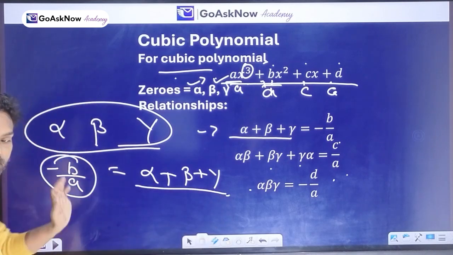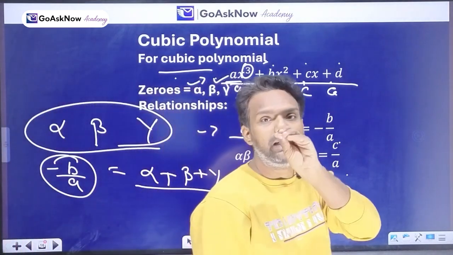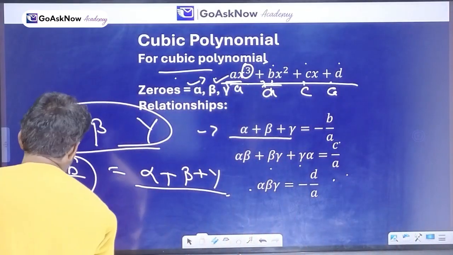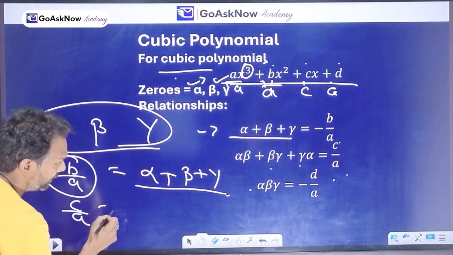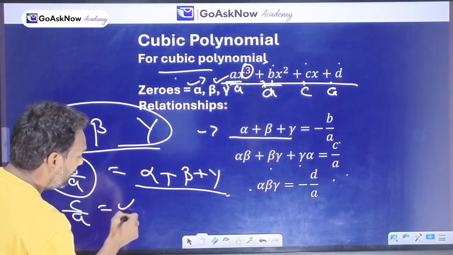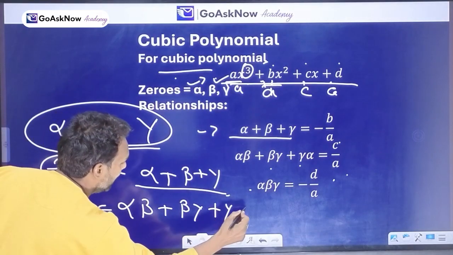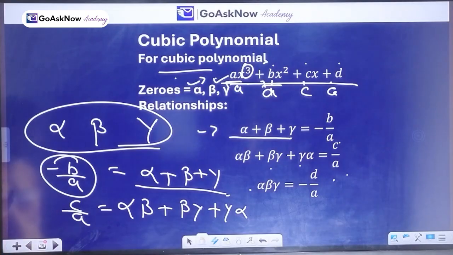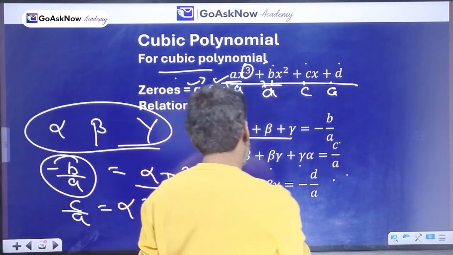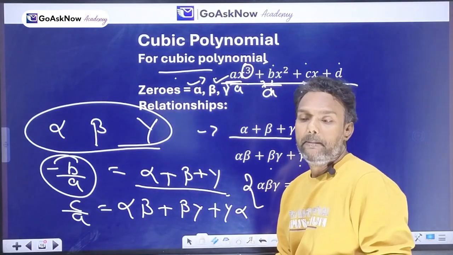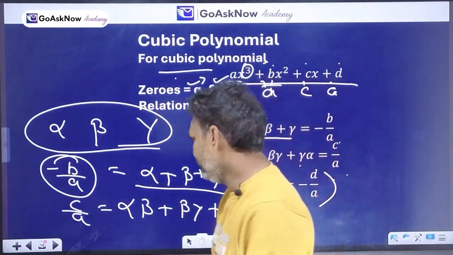Now c by a is equal to the sum of products of roots taken two at a time, alpha beta, beta gamma and gamma alpha. Okay. And the product of roots, alpha beta gamma, is minus d by a.